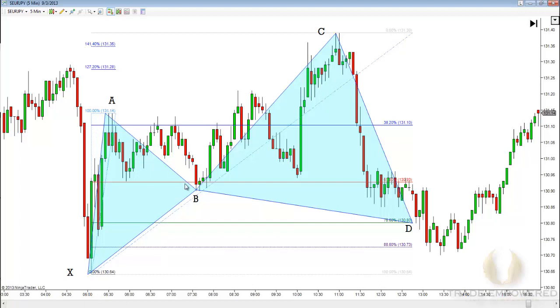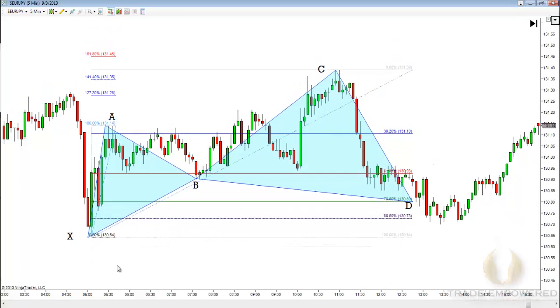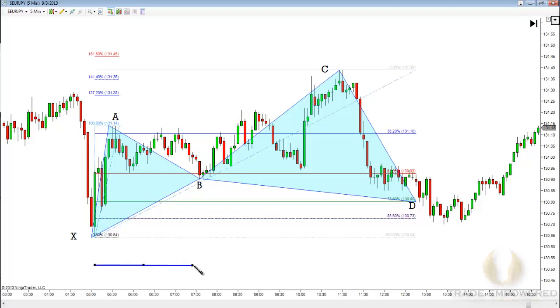X to A to B, B to C, C to D. In this case, my stops need to go below X, so my stops are down here. Beyond our X leg, we can bring on the 113 Fibonacci inversion and see where that gives us.